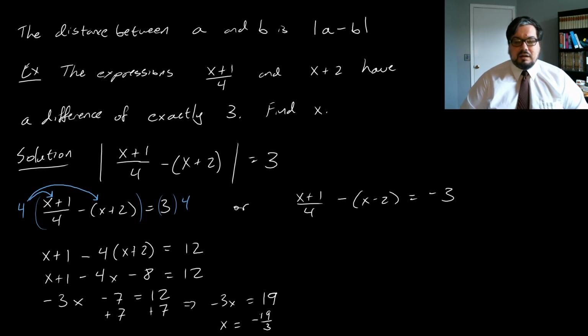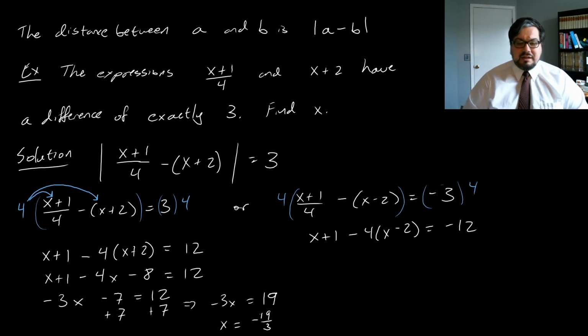And now on the other side, we've got something that'll look very similar. In fact, once you work out one of these problems, typically the other one will be very similar. So we'll get x plus 1 minus 4 times x minus 2 is equal to negative 12.